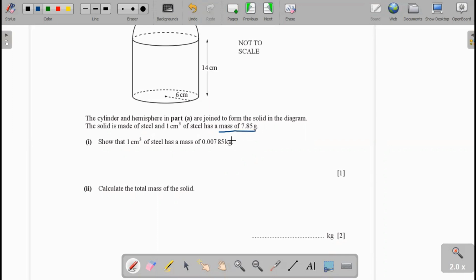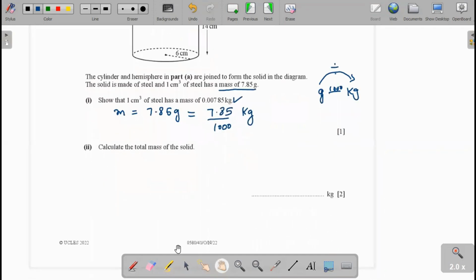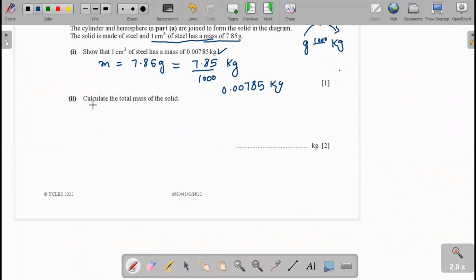Now we have to convert this mass into kilogram. Now mass is equal to 7.85 gram, and when we divide 7.85 by 1000, gram becomes kilogram. Therefore, the answer is equal to 0.00785 kg.